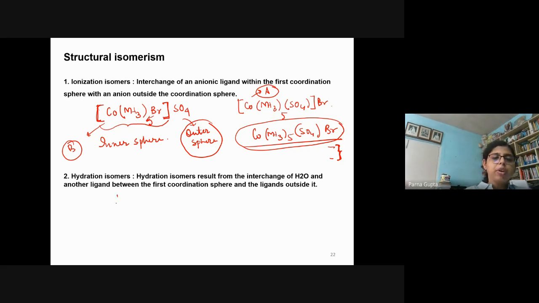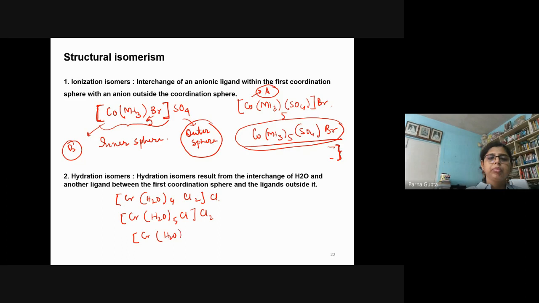So what are the examples? So [Cr(H2O)4Cl2]Cl. Okay, so this is the hydration isomer.